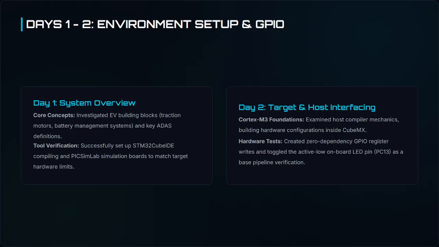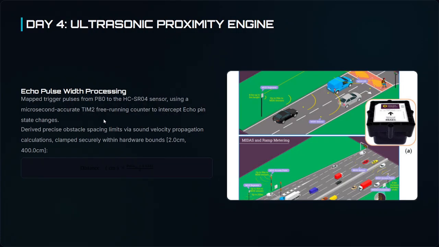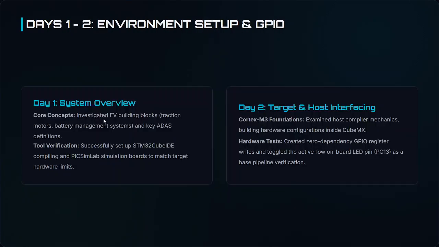STM32 is an IDE in which we write the code, and PiximLab is the simulator in which we see the output. On the first day, we wrote a blinking LED program and used a toggle function to blink the LED.